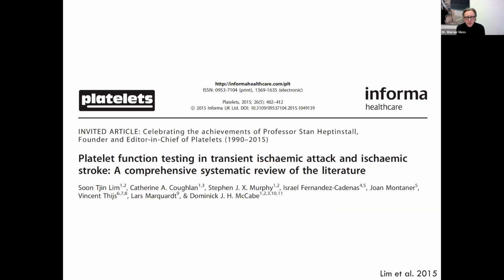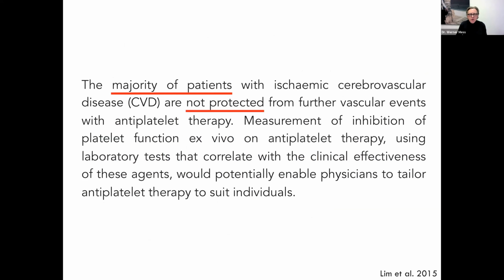And this is an example from a different angle of view. This is from a group in Ireland. They are very active in this field, platelet function testing. And in this paper, they proposed this idea. As you just could see, the majority of patients actually are not protected by standard therapy.